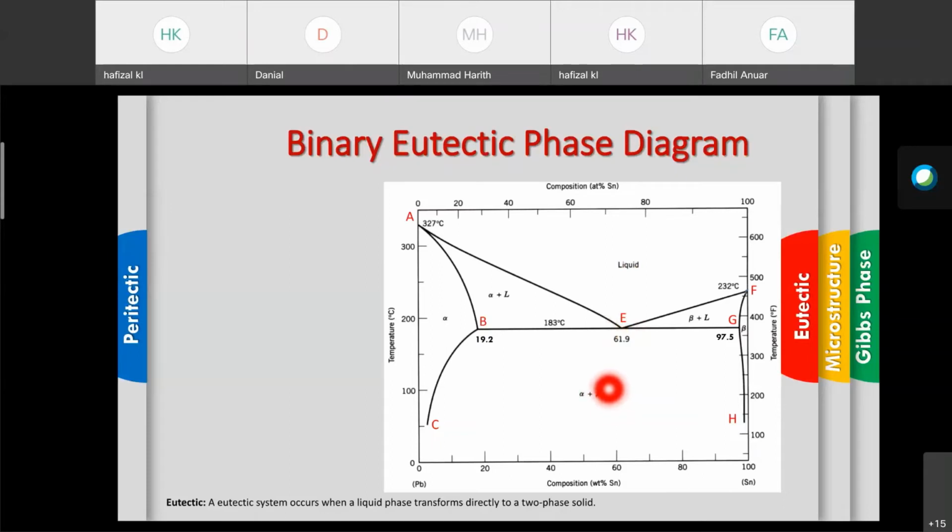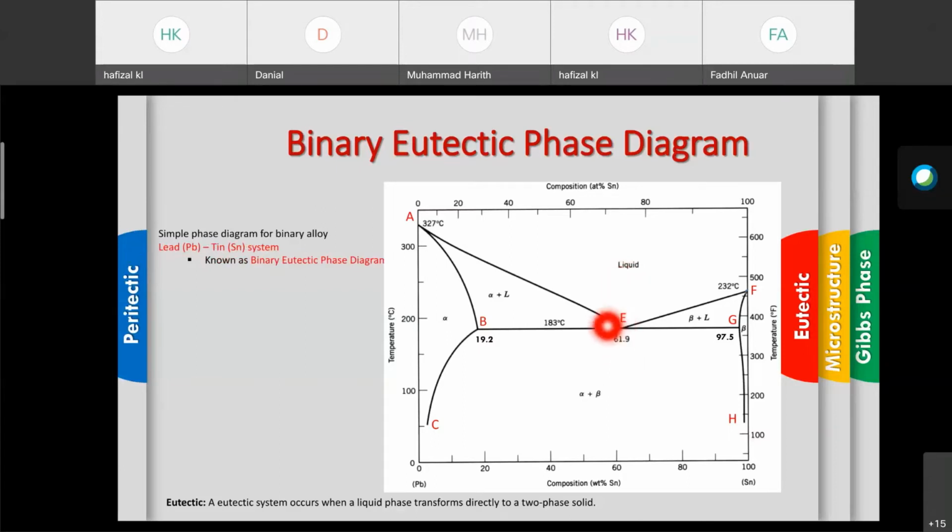So in this case, we need to analyze what regions are involved in the phase. The binary eutectic phase diagram is quite a simple phase diagram. They call it a binary eutectic phase diagram due to this line here, at this point.